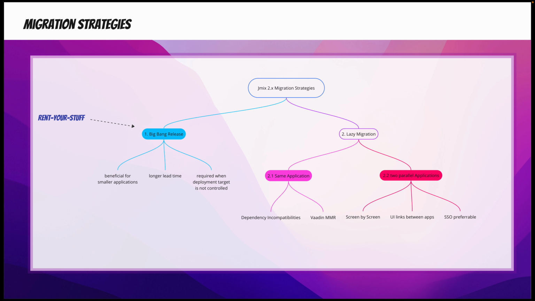And then we have the option of running two parallel applications. This is basically the idea that you're literally running two Java apps, the old one and the new one, in parallel, and somehow then do this migration screen by screen, or feature by feature, however you want to call that.